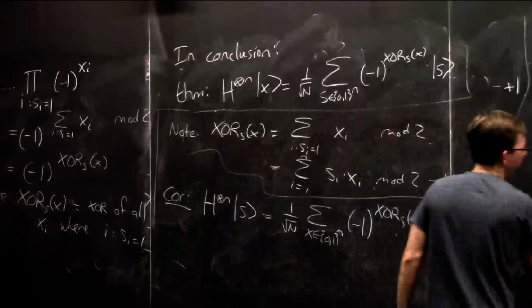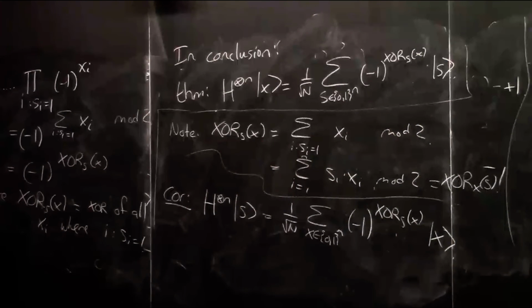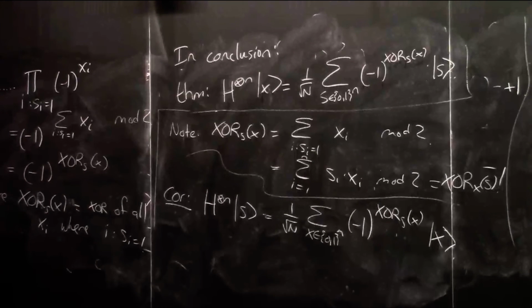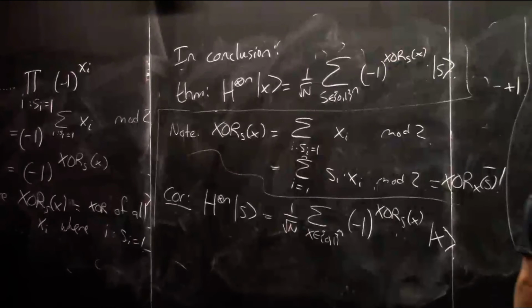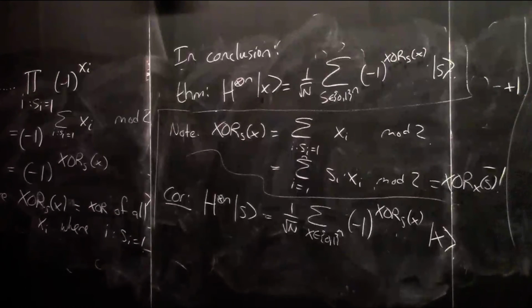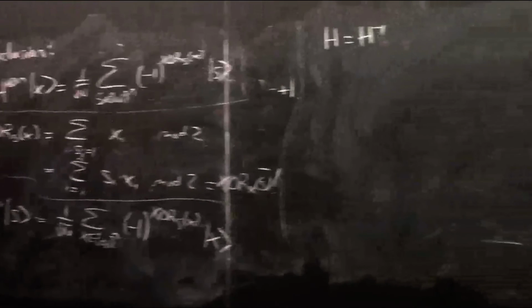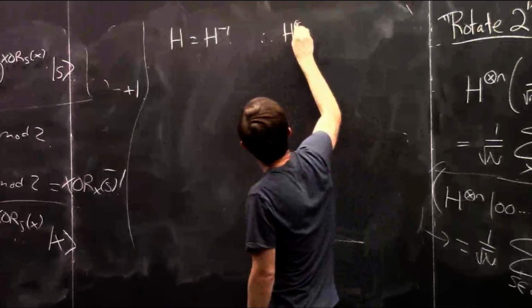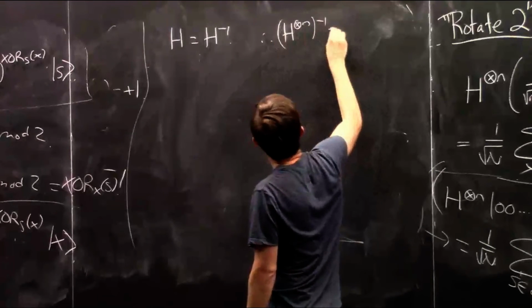And now I'll make one more deduction. H is its own inverse. We've seen that before. Two H's in a row takes you back to the identity. So therefore, H tensor n is also its own inverse.